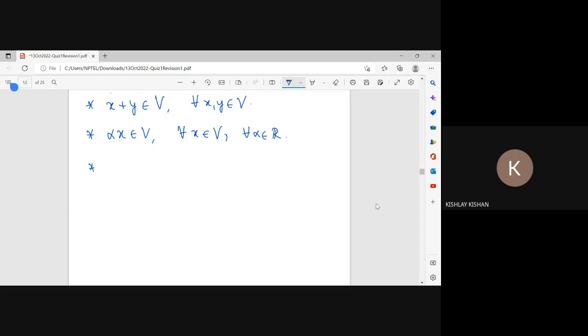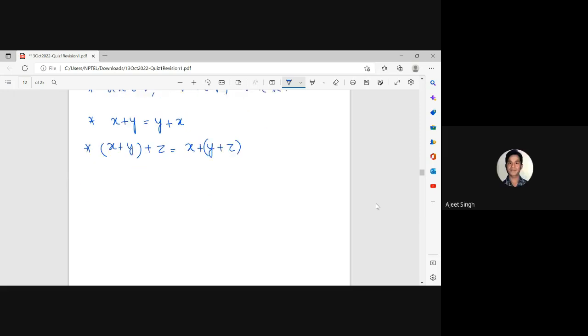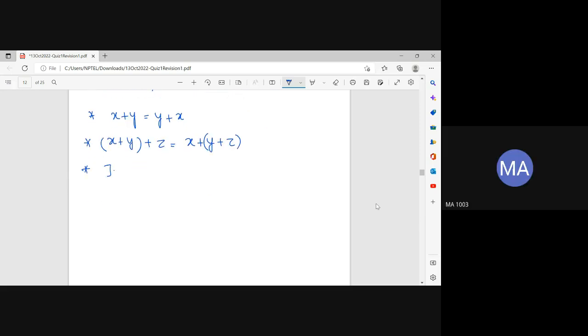Then addition should be commutative: x plus y should be equal to y plus x for whatever x and y you take. It will also be associative. Then a zero vector should exist, which acts as the additive identity.